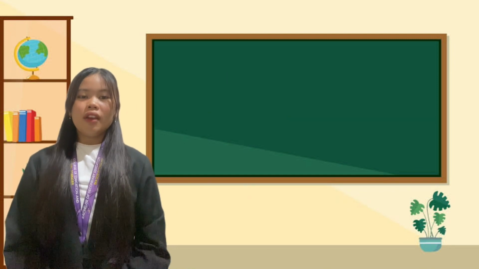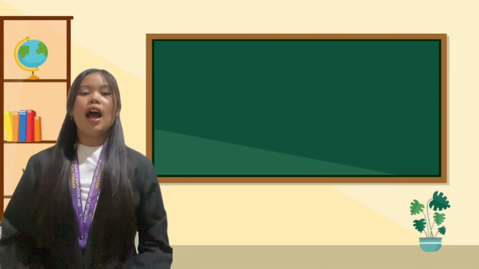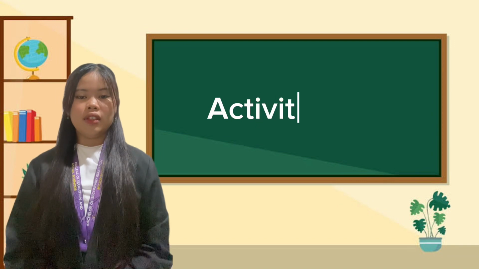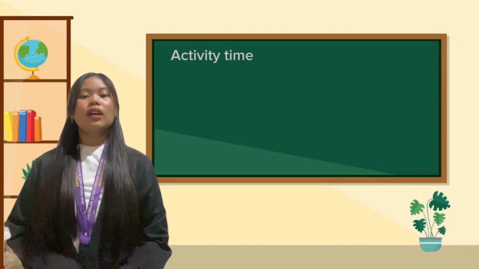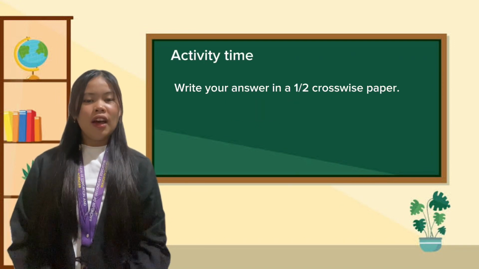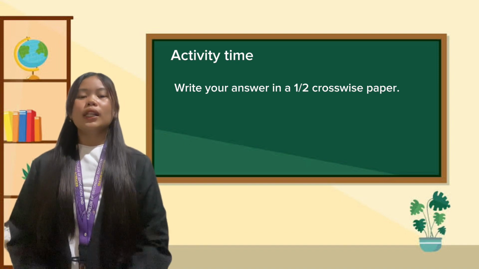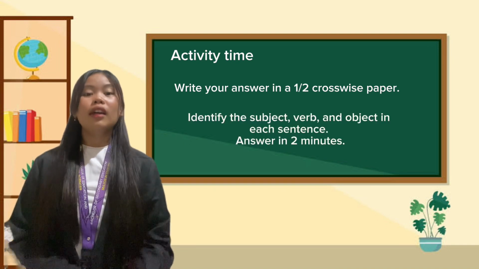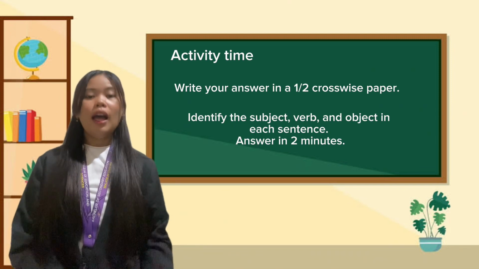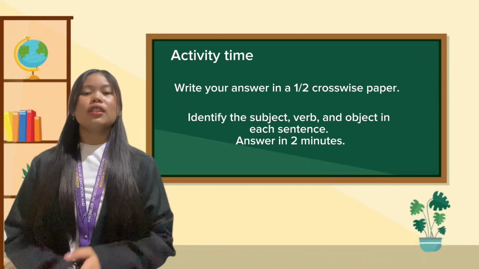So before we dive into our discussion, I have here an activity. All you're going to do is to write your answer in 1/2 crosswise paper. So you have to identify the subject, verb, and the object in each sentence.